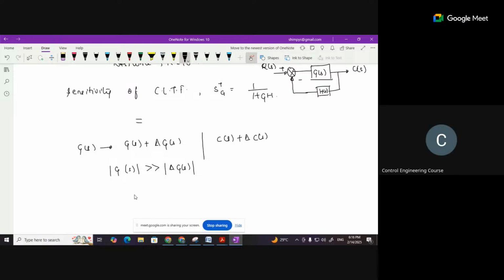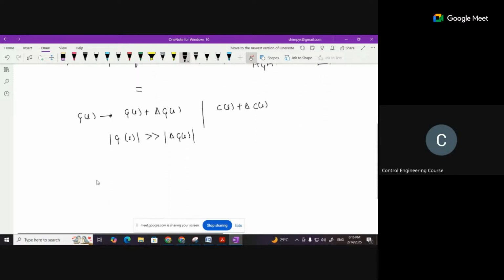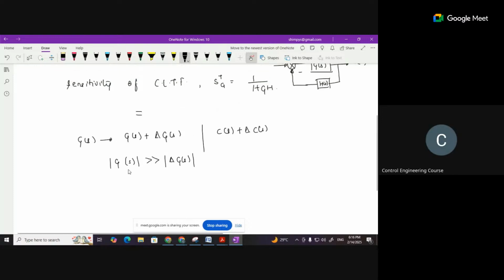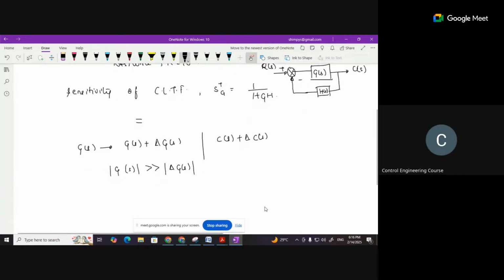Now, if we use the expression relating the input and the output of this feedback system, we know that CS is equal to GS divided by 1 plus GS HS into RS, or CS by RS is equal to GS by 1 plus GS HS, correct?